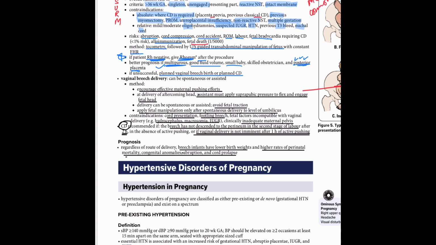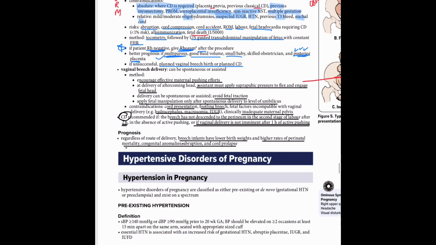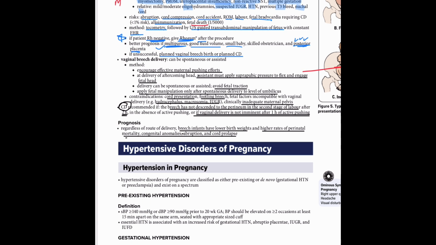And when do we recommend cesarean delivery? We recommend cesarean delivery if during the second stage of labor 2 hours have passed with no active pushing and the breech has not yet descended to the perineum. Then we can go for cesarean delivery.